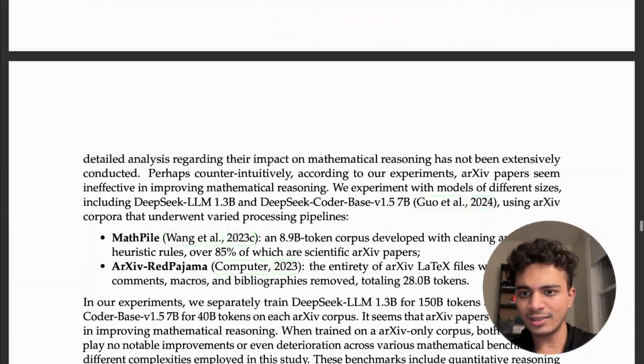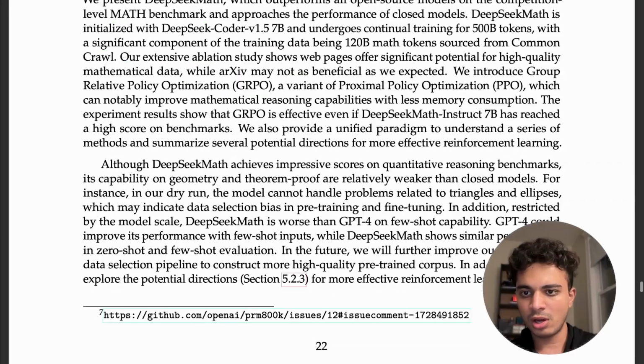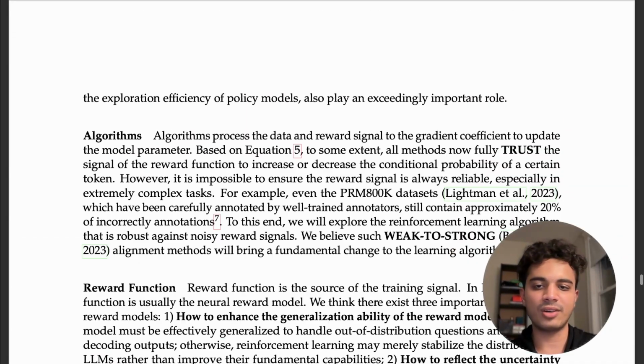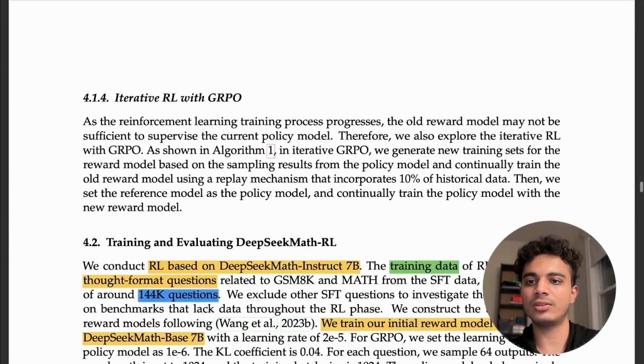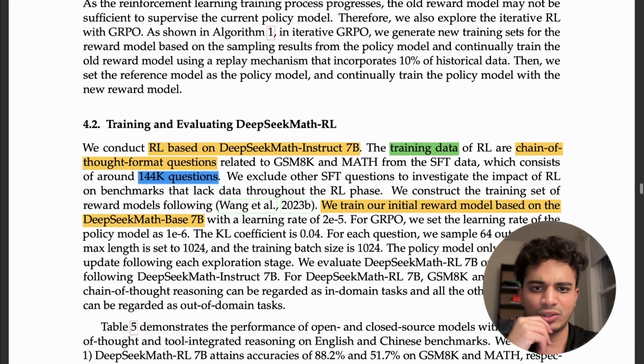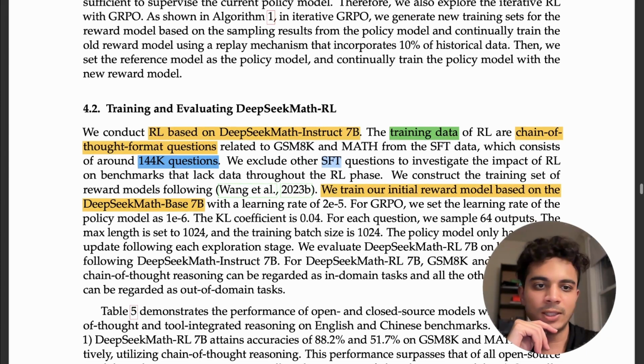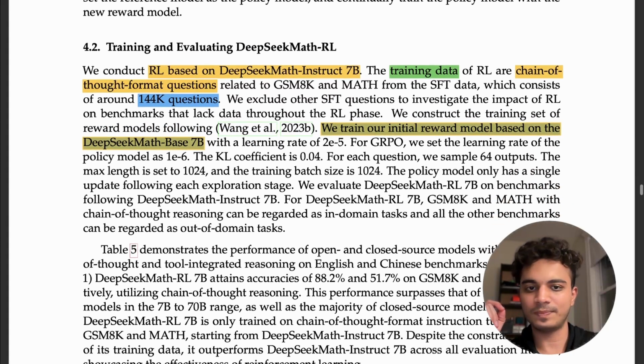I think I somewhere saw a really good example of chain of thought. I cannot really find it right now, but I'll get into it later. Fine, so this is something important, and yeah, so they're excluding supervised fine-tuning questions, and we train our initial reward model based on the DeepSeek math base 7 billion. Fine.